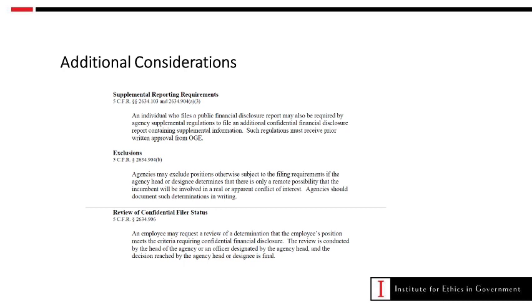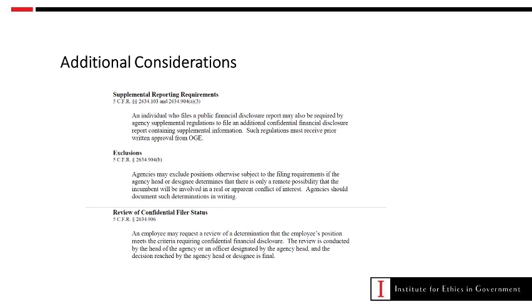There's some additional considerations that are in the guide. I'm just going to touch and go on each of these because we are all adult human beings and we all are capable of reading ourselves. So I'm not going to read the guide to you. There are provisions in 904, 2634, 904 for supplemental reporting requirements. And this can reach even to public financial disclosure filers.